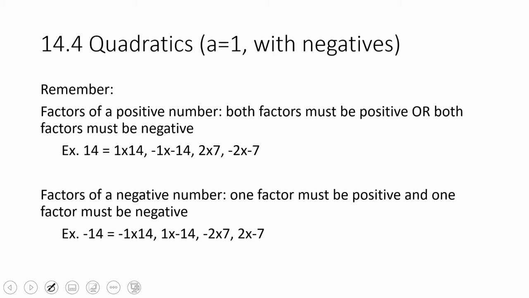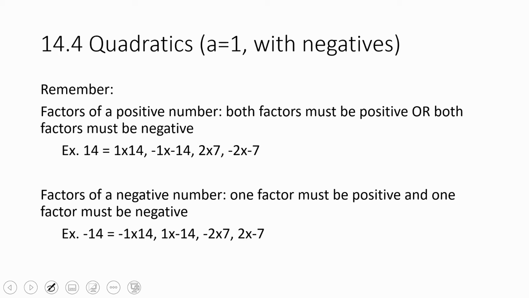So for example, the factors of 14 are 1 times 14, negative 1 times negative 14, 2 times 7, and negative 2 times negative 7. All four of those, the product will be positive 14, because when you multiply two positives, it equals a positive, and when you multiply two negatives, it equals a positive.